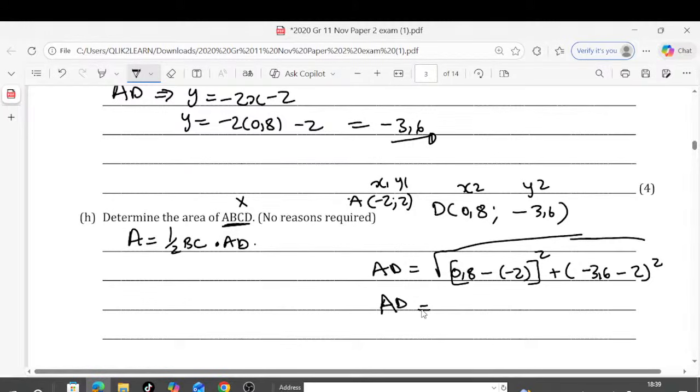Okay, so let me quickly put it on the calculator. Let's see what we get. 0.8 minus minus 2, squared, plus minus 3.6 minus 2.